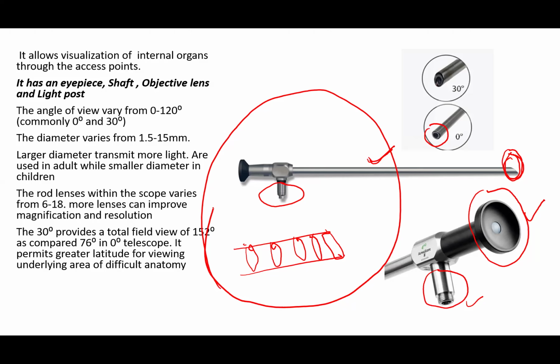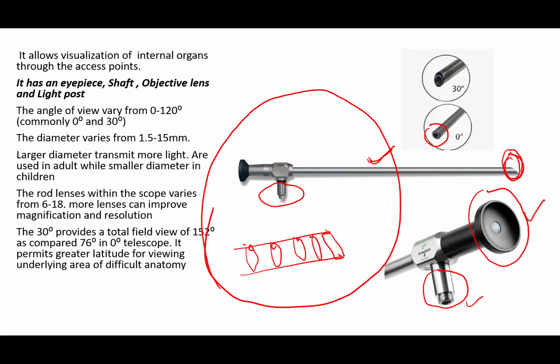Okay, when the light source rotates and it rotates the tip of the camera, it will entirely change the orientation of the video you are seeing on the image. But for the 0 degrees, it doesn't do that. Even if the camera rotates, because the light source rotates the telescope, the image will still remain the same. So it's not going to be challenging for a beginner.